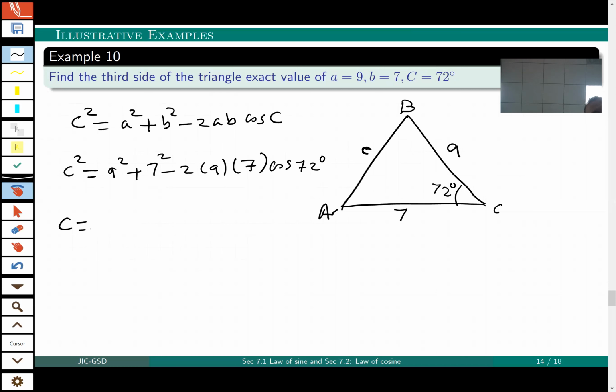As we said, if we don't have a famous angle, we just keep it: square root of 9 squared plus 7 squared minus 2 times 9 times 7, cosine 72.